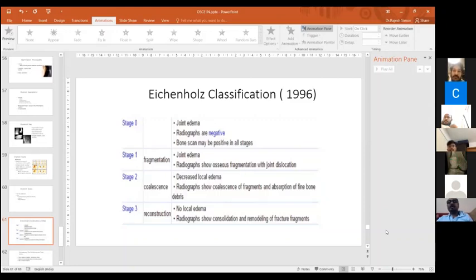I don't have the slides now, but I have the slides where I sent this patient home, and 2 weeks later when we took the check X-ray, we found the whole fragmentation happening. The patient was in a plaster, and we saw the whole fragmentation, coalescence, reconstruction in the plaster, but we can't stop the destruction of the bone. That is the problem. Once it starts, it goes on to all the cascades.